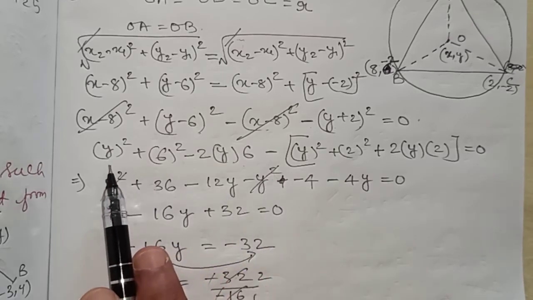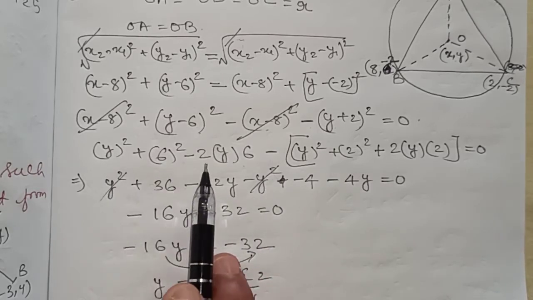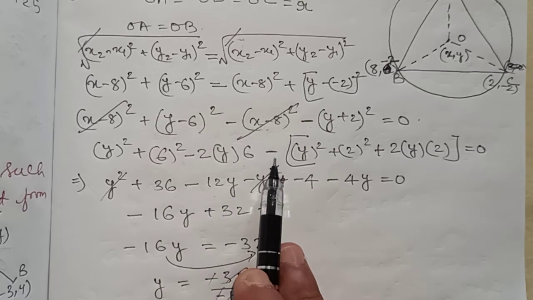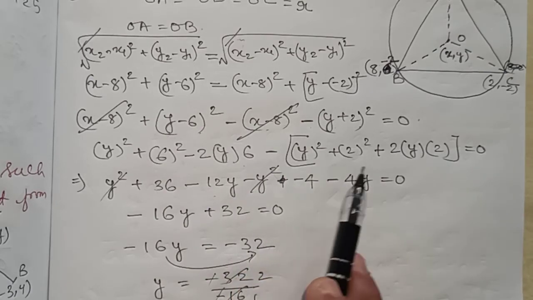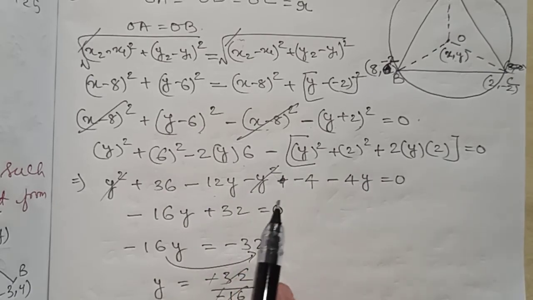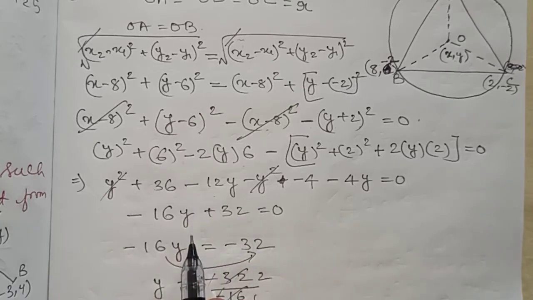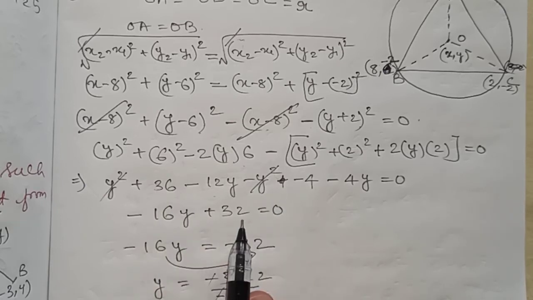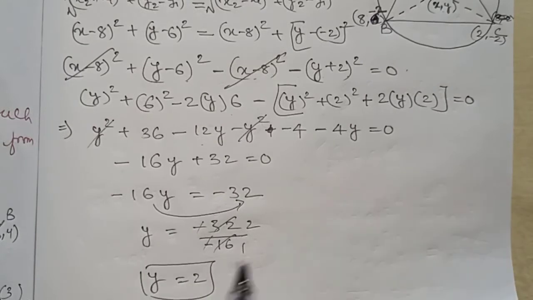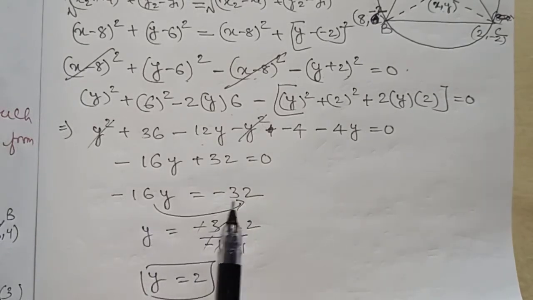In the next step, y square plus 36 minus 12y minus y square minus 4 minus 4y. y square and y square will be cancelled. Minus 12y minus 4y is minus 16y, 36 minus 4 is 32. Take 32 that side, it will become minus 32. Divide by minus 16, minus minus cancels, 16 twos are 32.